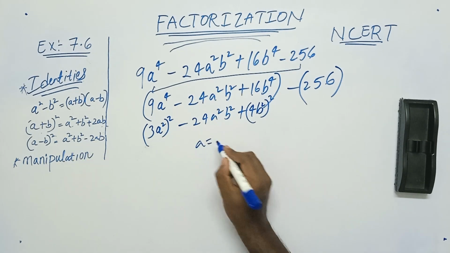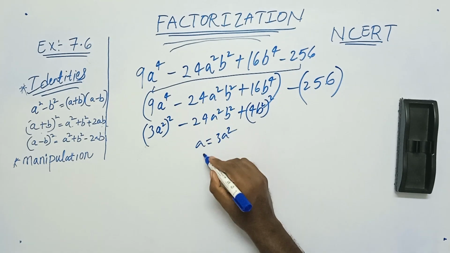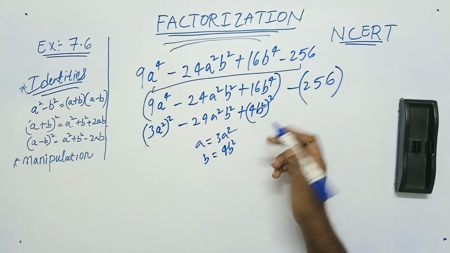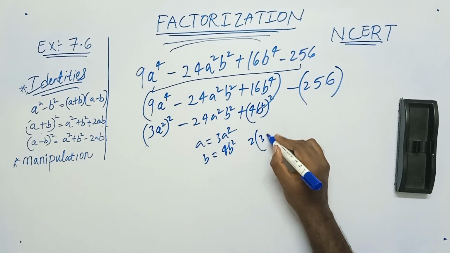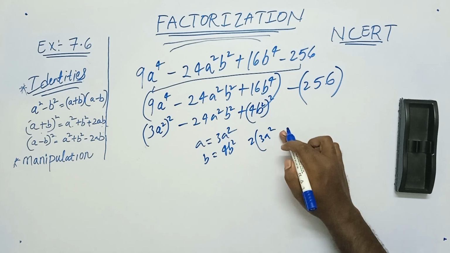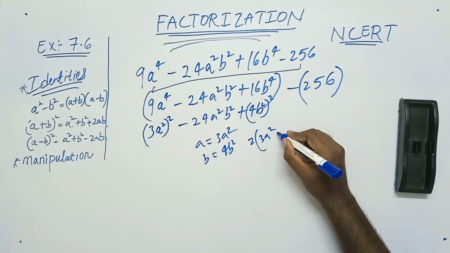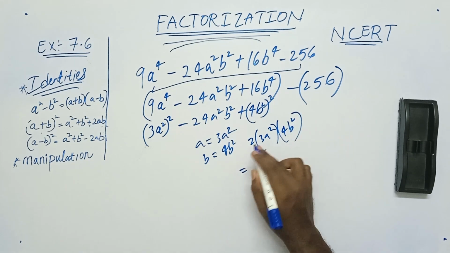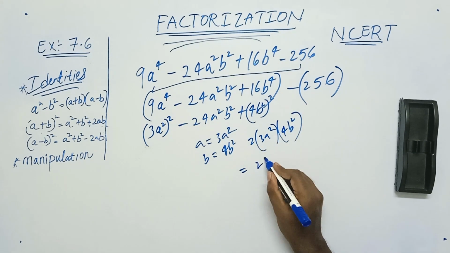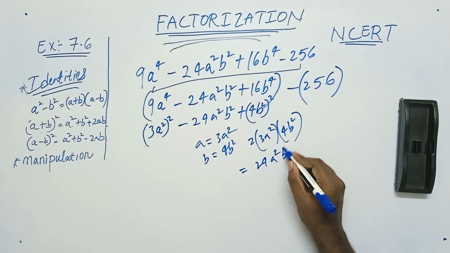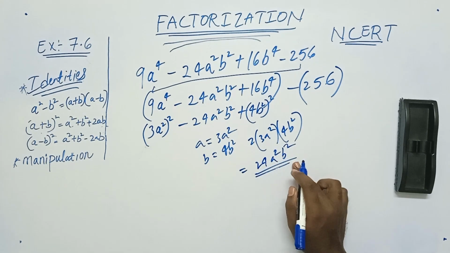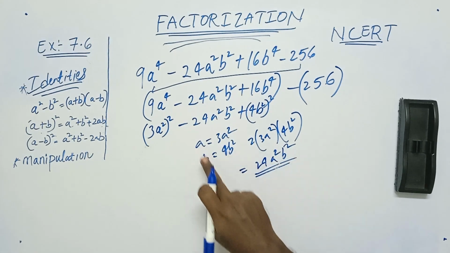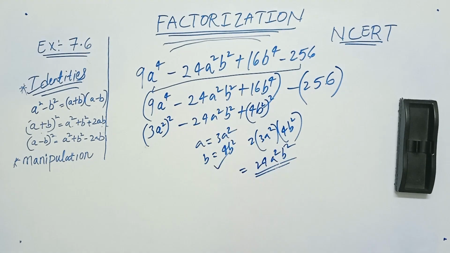If I take a as 3a square and b as 4b square, I'm going to check whether the middle term is correct. 2 times 3a square times 4b square: 2 threes are 6, 6 fours are 24. We got 24 a square b square as the middle term. That means the a and b values are correct.